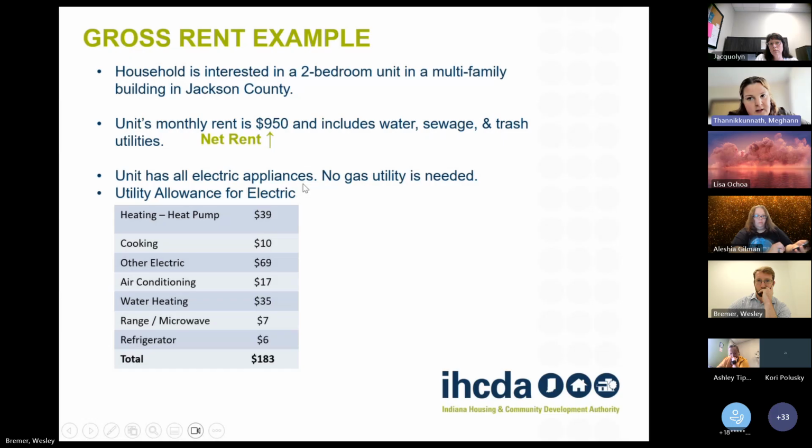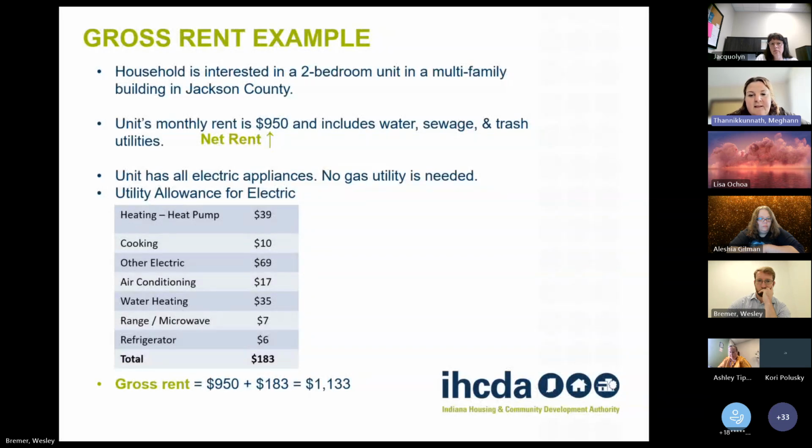So this is conveniently the exact same example that I shared in the last slide. No gas is needed. And the utility allowance for electric is coming in at $183. So the gross rent is your $950 plus $183, which totals $1,133.